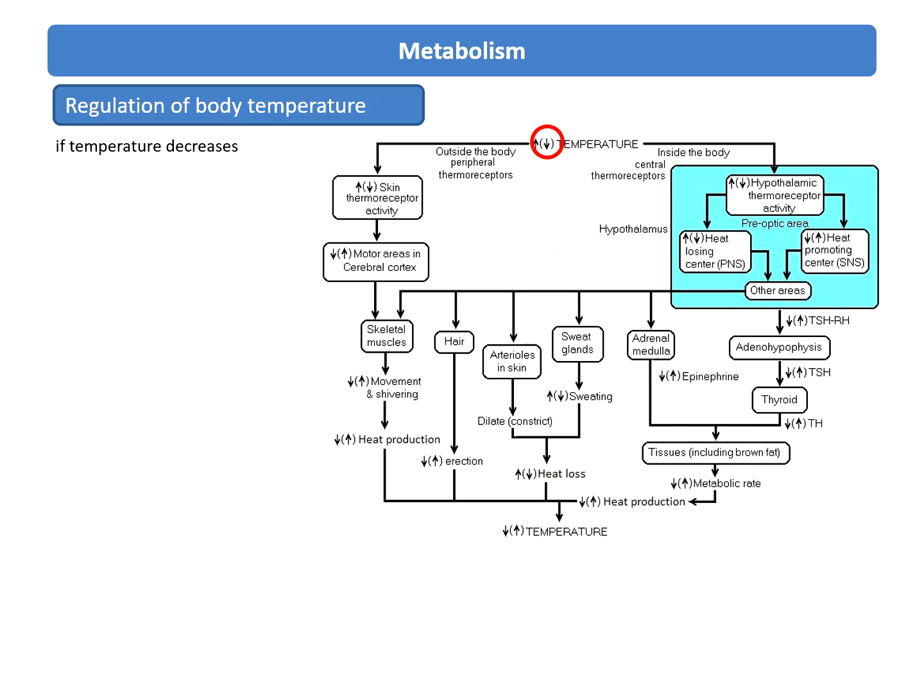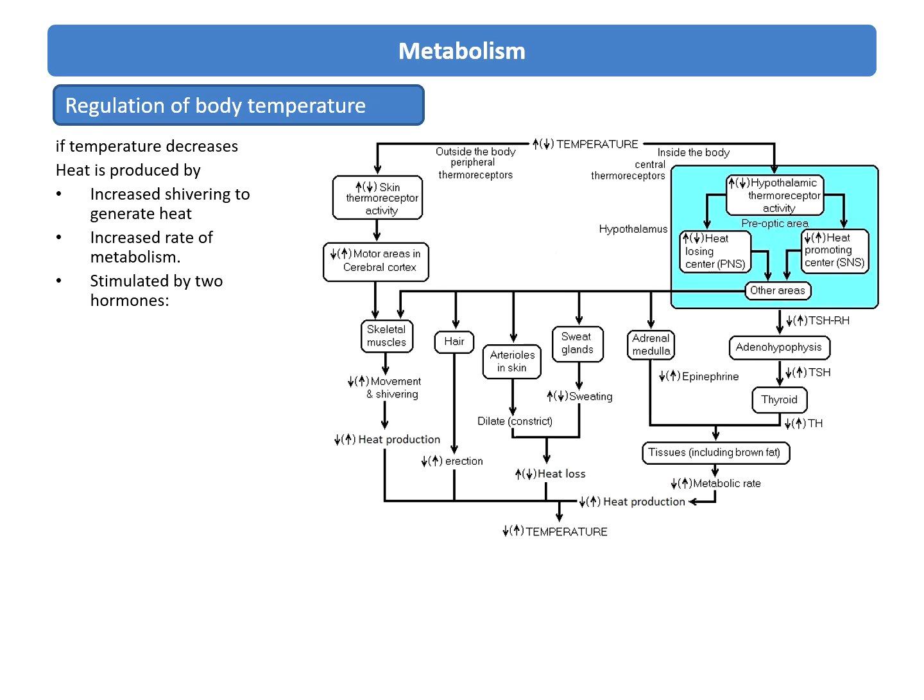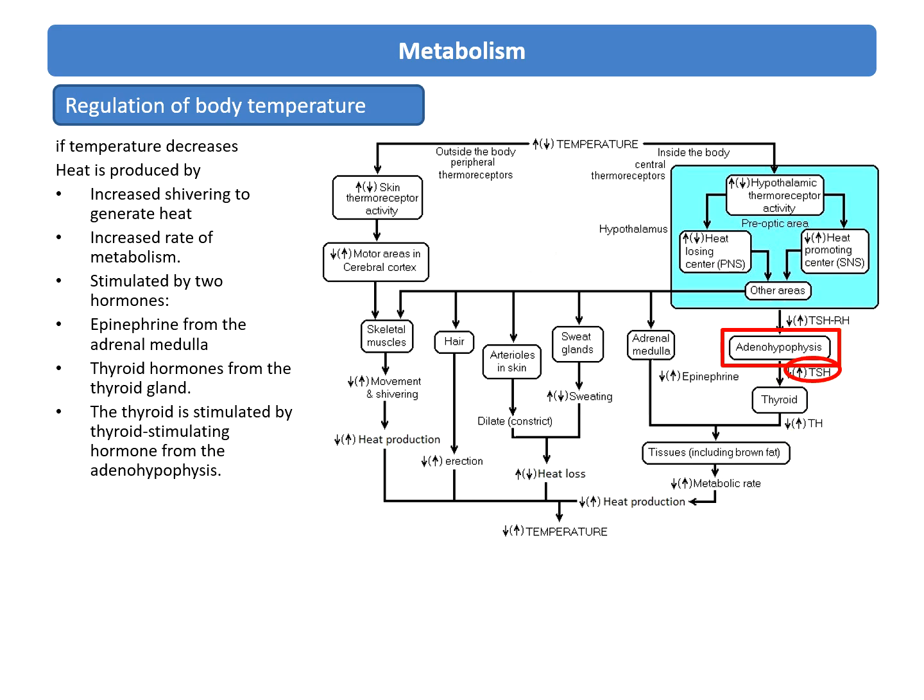If the temperature decreases, heat is produced by increasing shivering to generate heat, increasing the rate of metabolism. This metabolism increase is stimulated by two hormones, epinephrine from the adrenal medulla and thyroid hormones from the thyroid gland.